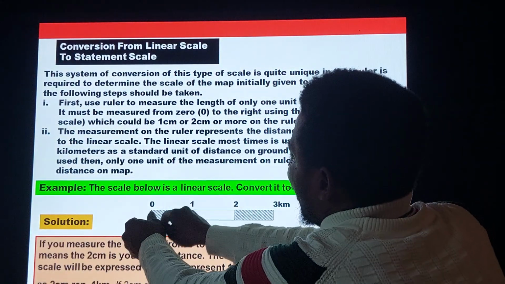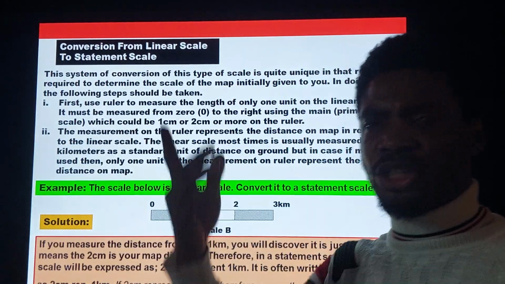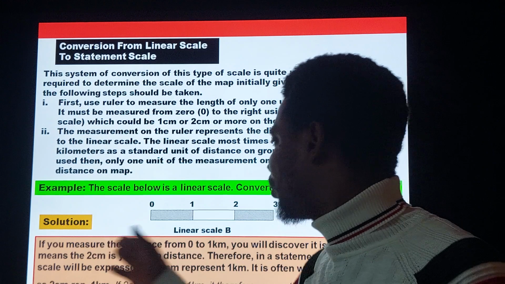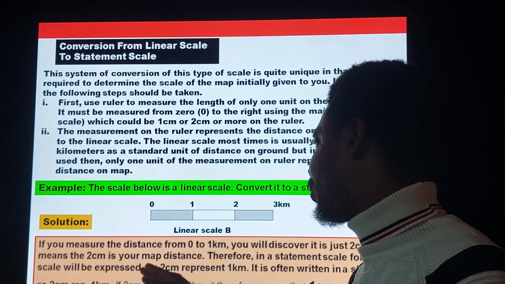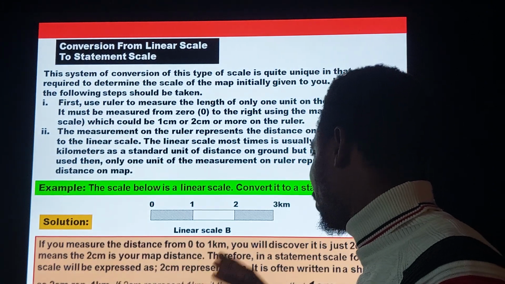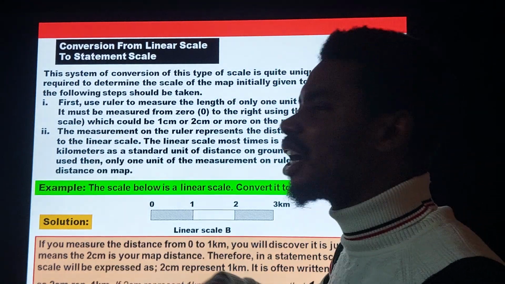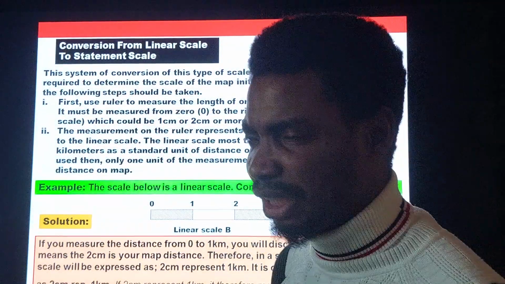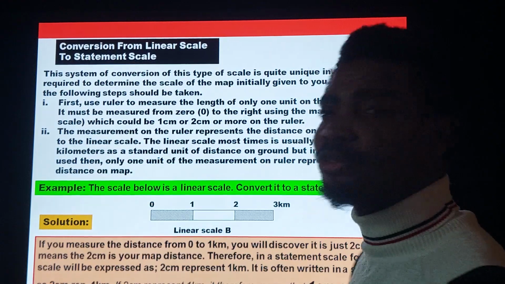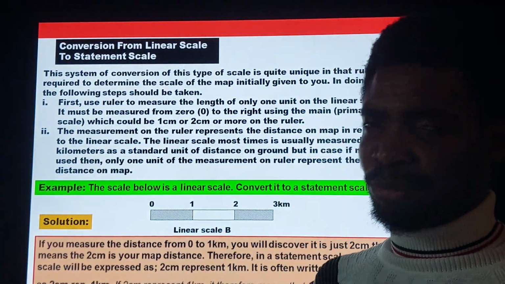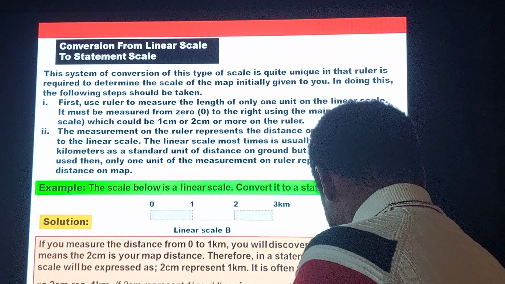Just put your ruler here to this place, you discover it's 2 centimeters. And what does that mean? It means that in a statement scale, 2 centimeters on the map represent 1 kilometer. It's as simple as that. Or if you want to simplify it further, you can say 1 centimeter represents half kilometer.